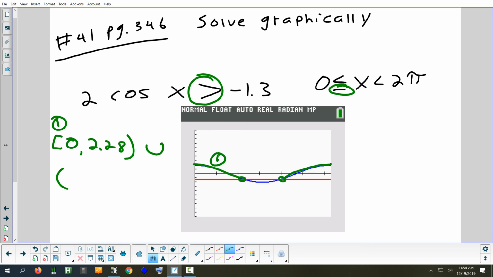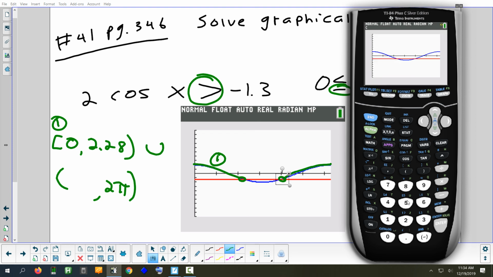And how is my interval going to end? Bracket or parenthesis? Right. You're not including the last number. And what's the end of this interval? 2 pi. Now all I have to do is find the intersect of that one.